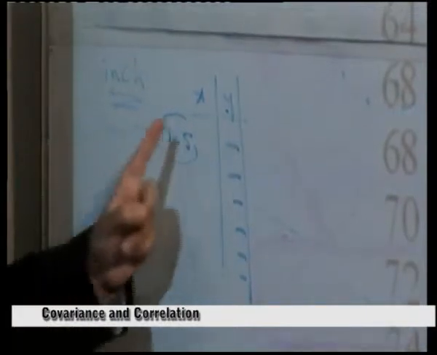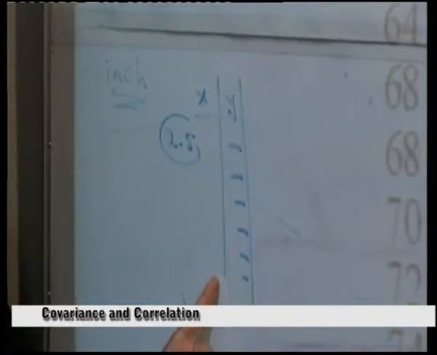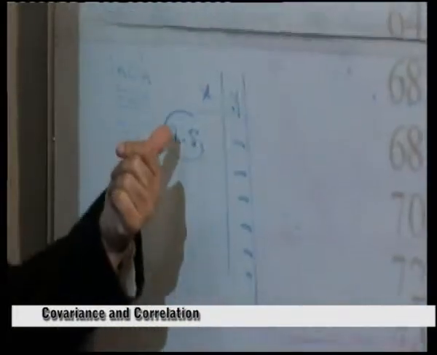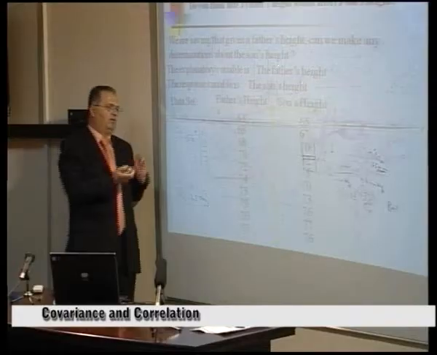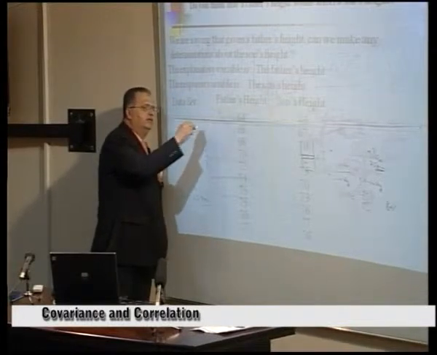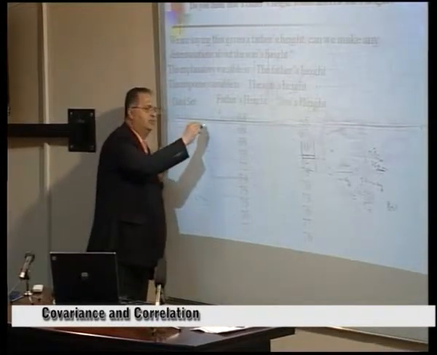We multiply each value of x by the same number, and each value of y by the same number. That number may be different from x's. So I mean multiply x by 2.5 and y by 1 or 2 or whatever you have.